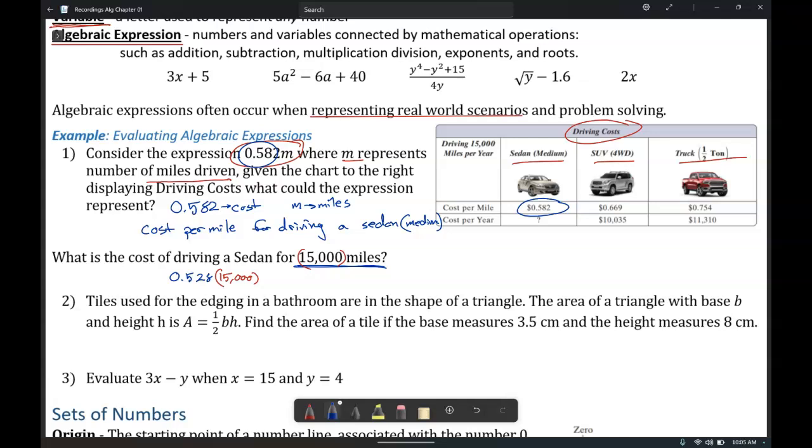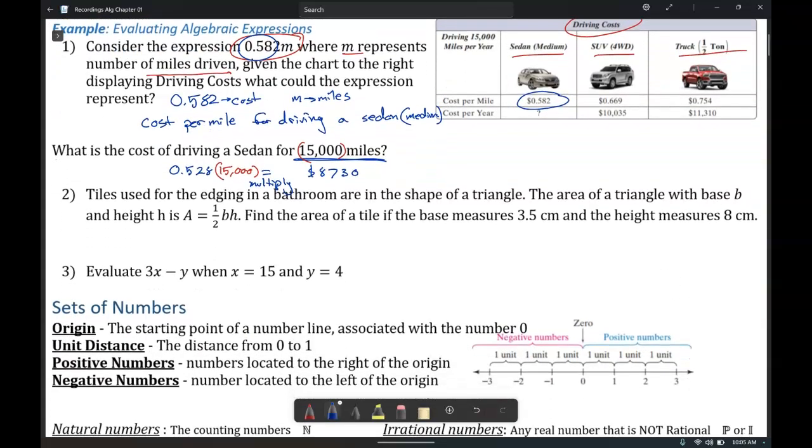When we have a coefficient and a variable next to each other, that operation is multiplication. So we'll multiply those two values together, and we get a product of $8,730. So the cost of driving a sedan 15,000 miles is $8,730.